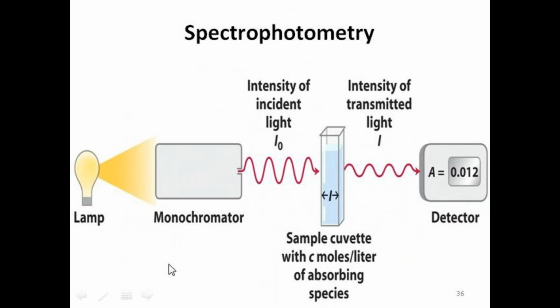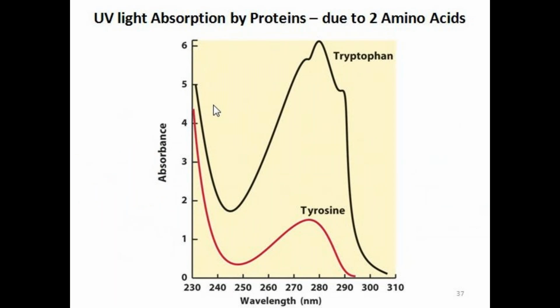The spectrophotometer mainly works on the intensity of light and the intensity of transmitted light, and these are used for the calculation of the absorbance. That is detected by the detector, and that allows the quantitative estimation of amino acids.